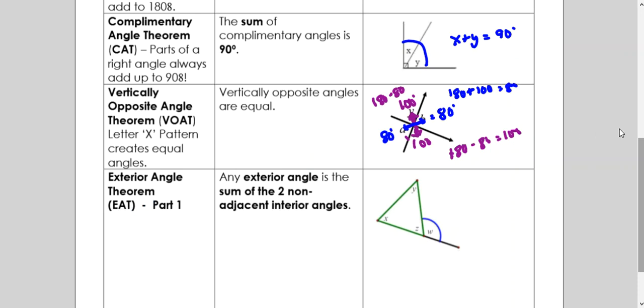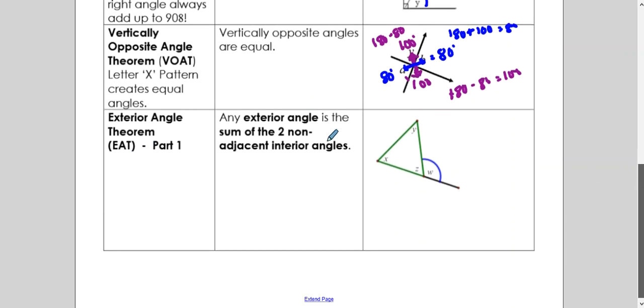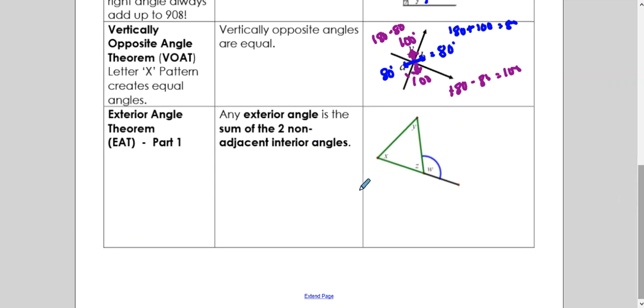Exterior angle theorem. Any exterior angle is the sum of the two non-adjacent interior angles. What does that mean? So if I'm looking at this scenario of x, y, and z, I'm actually going to show you a little bit of a proof here.